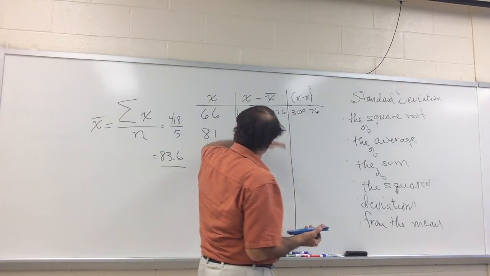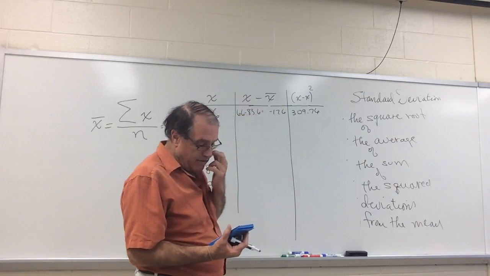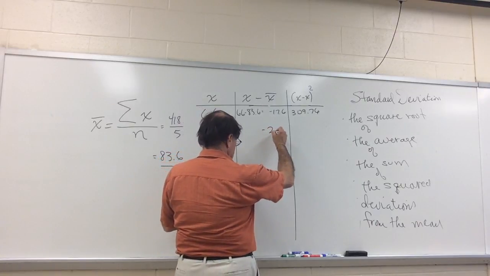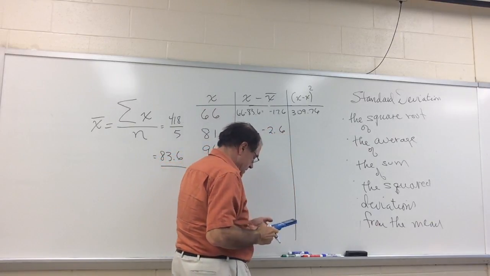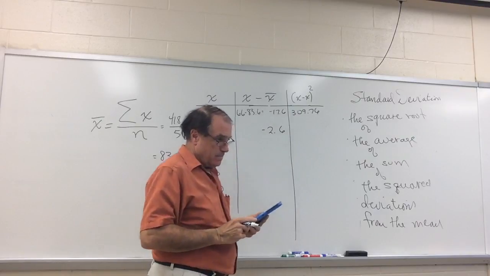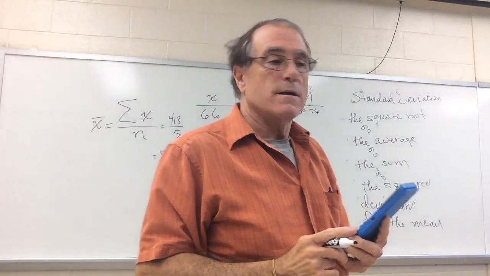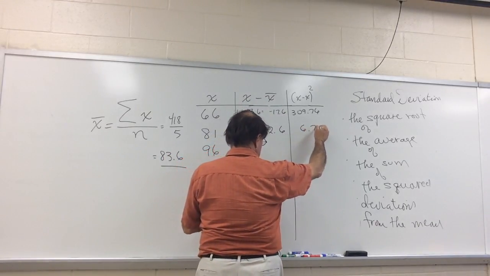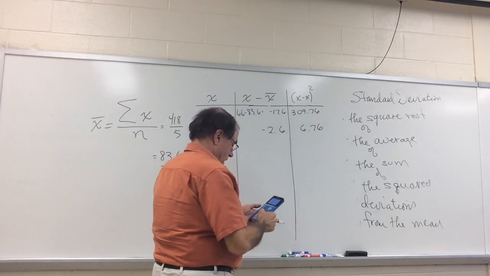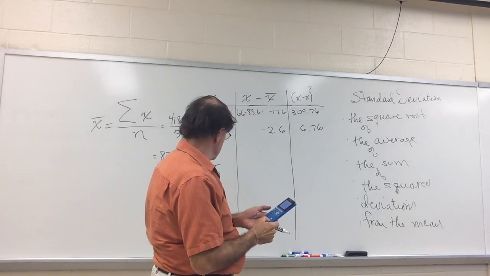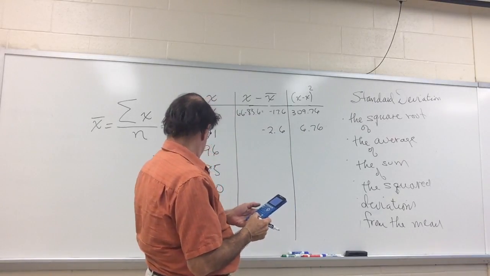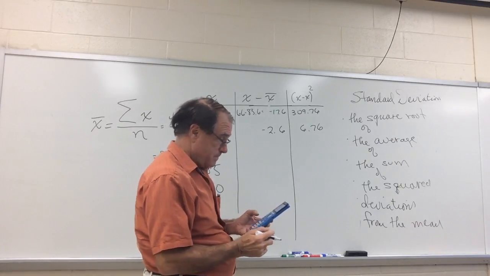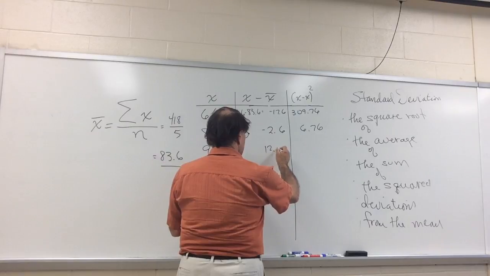So what is the second deviation? By how much does 81 deviate? Negative 2.6. Go ahead and square that. 6.76. The next one, 96 minus 83.6 gives us 12.4.